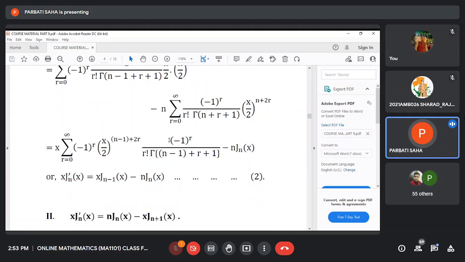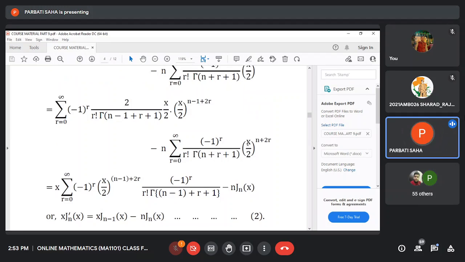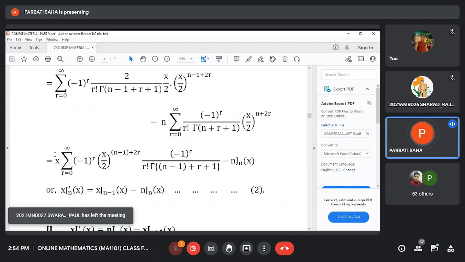If you compare this with J_n(x), here it is n-1, so it should be J_(n-1)(x). But compare this with this: what is the difference? Here it is n-1, but it is n in the second term. So it is n J_n(x), and this is actually x J_(n-1)(x).